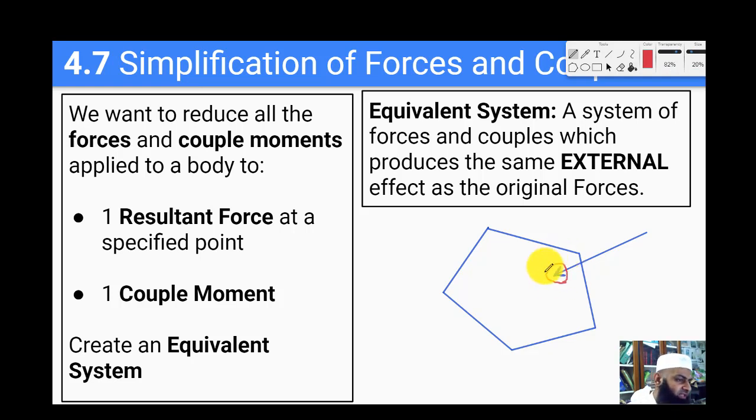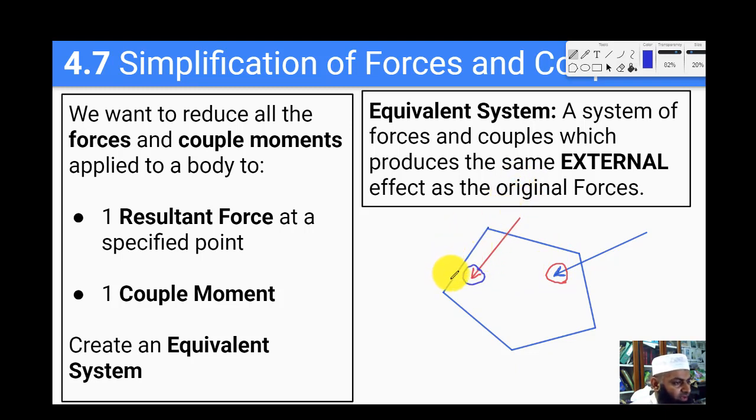Whenever we convert this force to an equivalent system, maybe our equivalent system contains a force which is acting at this other point. Now this second force is producing a strain in this region, while the original force was producing the strain in the other region, so the internal effects would be different.